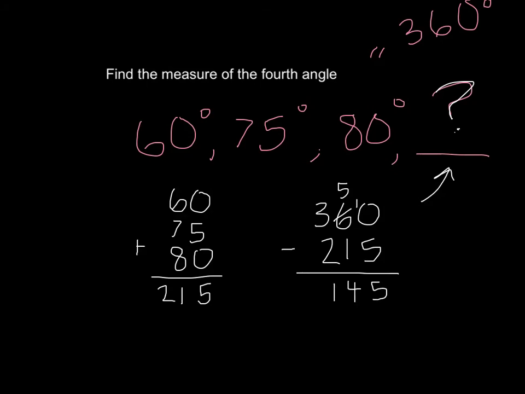And for my answer, I got 145. So up in this box up above, where my question mark is, I can go ahead and put 145 degrees. If I wanted to check my work, I could go ahead and add 60 plus 75 plus 80 plus 145, and if I got the correct answer, I should be receiving 360 degrees.